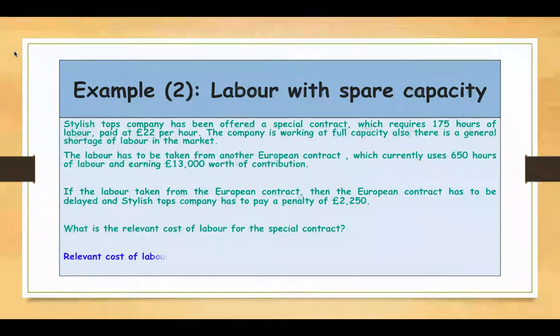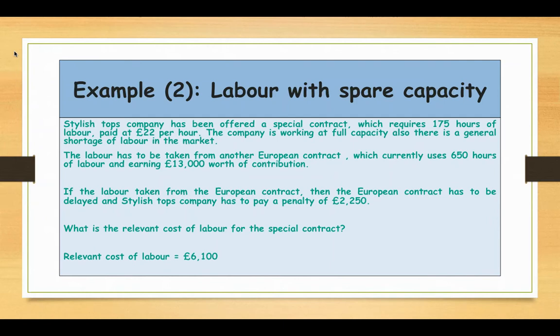So we look at the answer. We need 175 hours of labor and it's being paid £22 per hour. So the usual cost is 175 times 22 plus the opportunity cost. In this case, the opportunity cost is the penalty, £2,250.